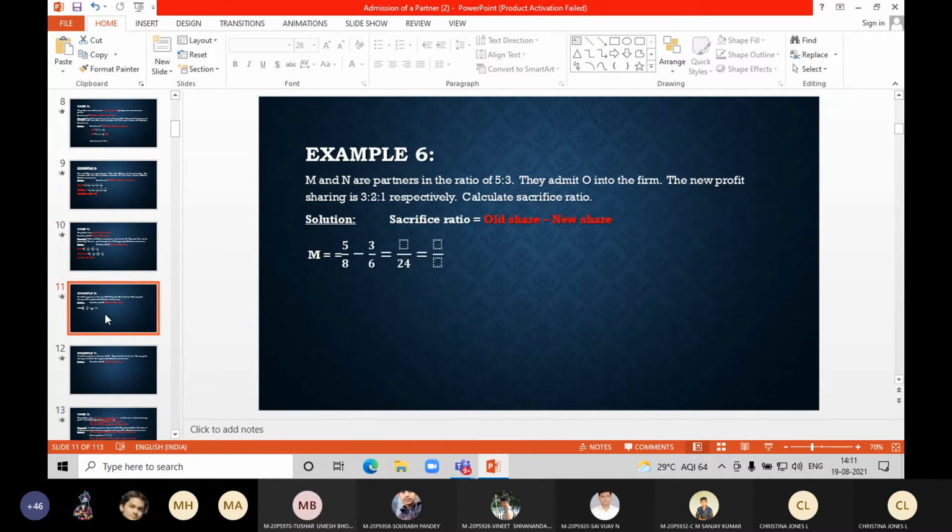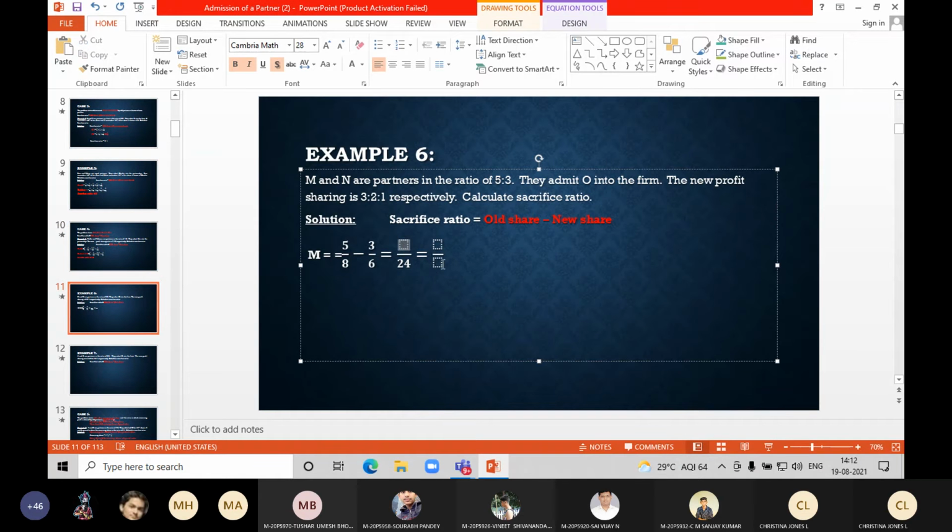Okay, so this is the problem we were doing. 8 into 6 is 24, so LCM will be 24. 8 into 3 is 24.